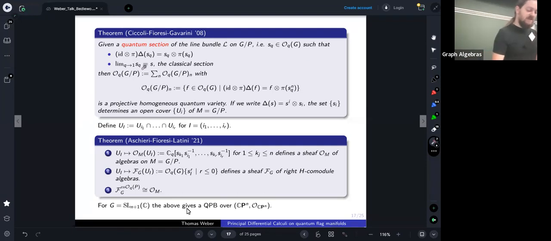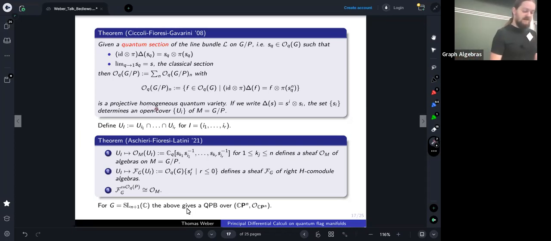The properties of this quantum section S_q should be that this group-like property is the same as for the classical section, but you would like that the limit when q goes to 1 should give you a classical section of your bundle. It's a deformation of the classical section. Exactly.